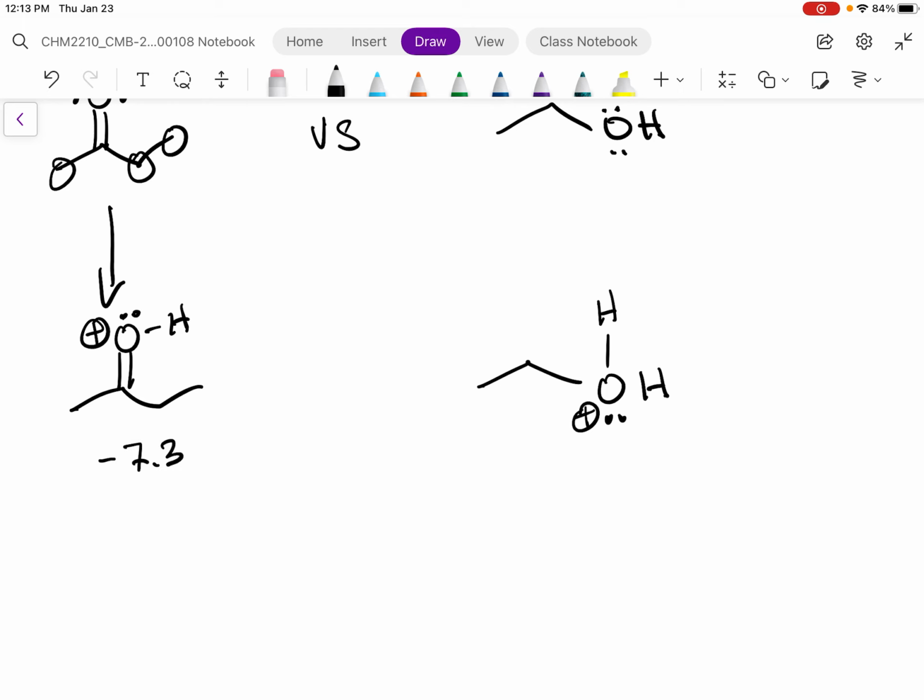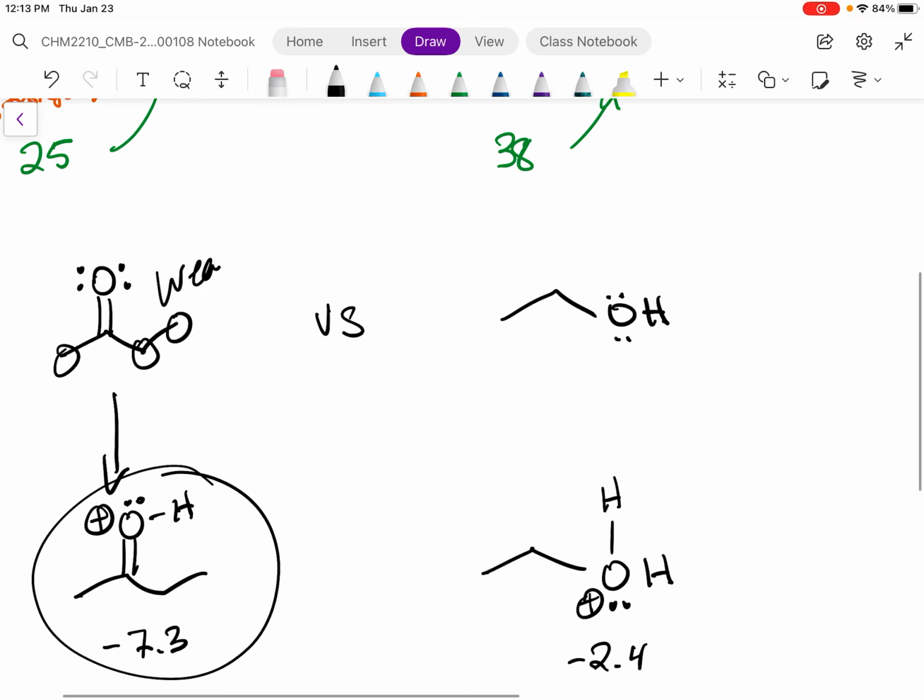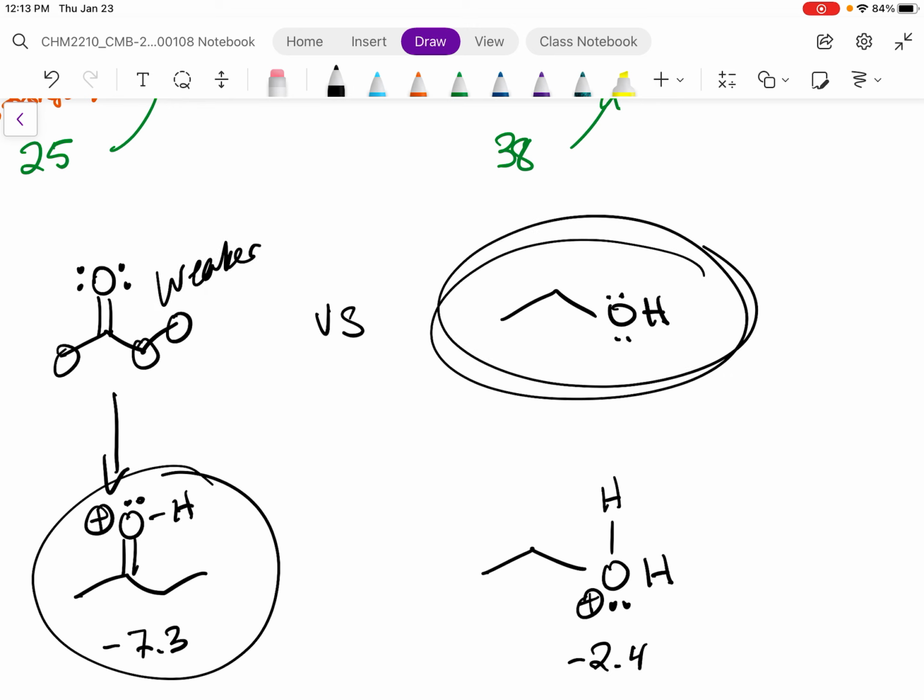It's negative 7.3 for that guy and negative 2.4. So if I ask you with those, which molecule is the stronger acid? What would you say? The one on the left, because it has a smaller pKa. So that would make this guy the weaker base. So by default, that guy right there is the stronger base. Make sense?